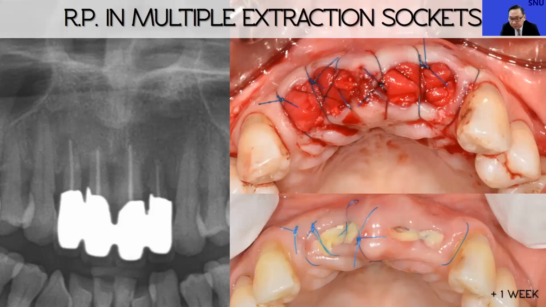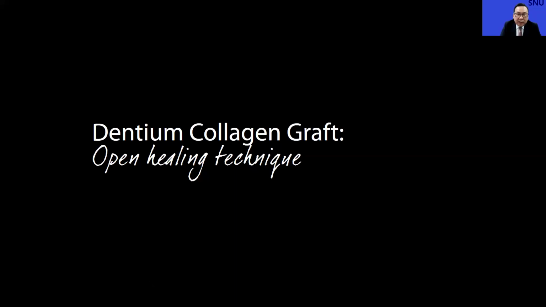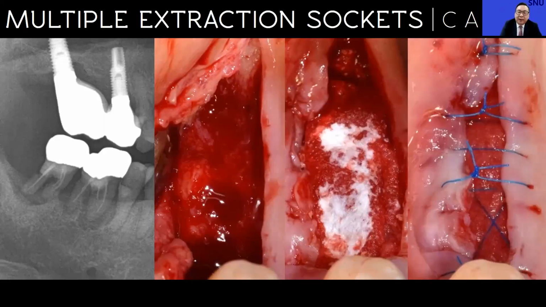So our group has decided, so we are working on the project as well, and we are trying to expand this into multiple extraction sockets. We're in the very primitive stages. And the first case I would like to show you, we used the Dentium collagen graft as a collagen membrane.